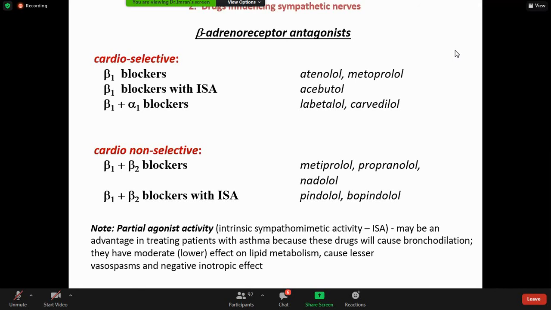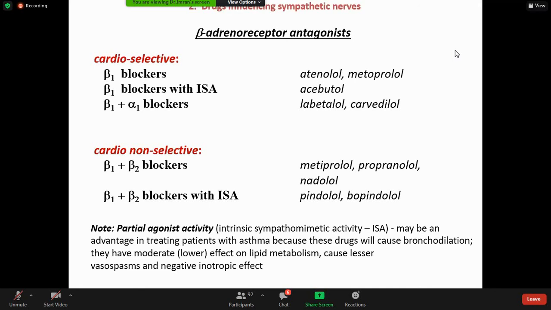Non-selective means blocking not only beta 1 but also beta 2. As far as blood pressure control is concerned, blocking the beta 1 receptor would be sufficient.